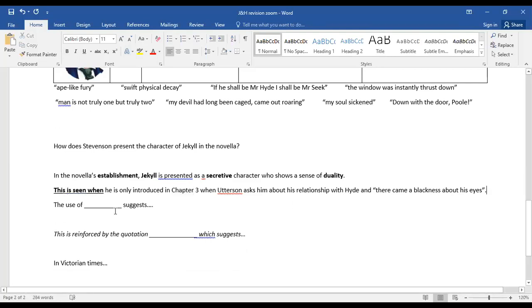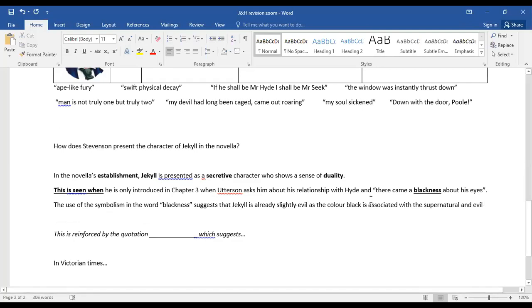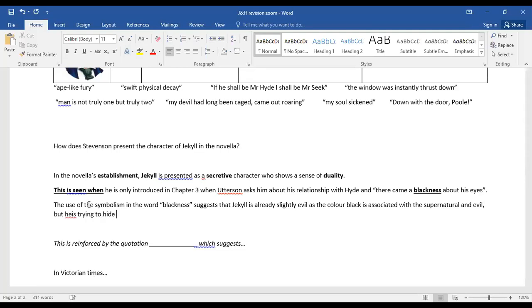And this about his eyes, I'm going to talk about a key word in that quotation to analyze. The word blackness suggests that Jekyll is evil; the color black in traditionally Gothic literature is already slightly evil, as the color black is associated with the supernatural and evil, but as it appears only in his eyes.